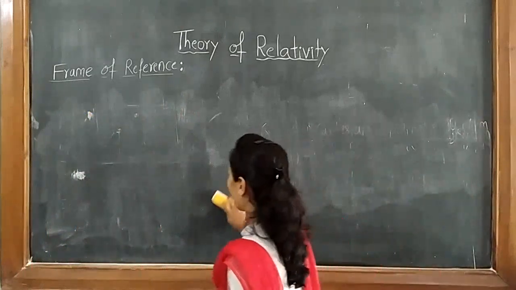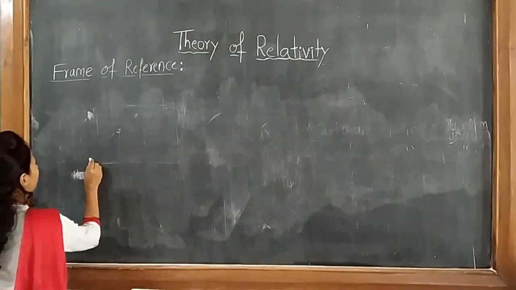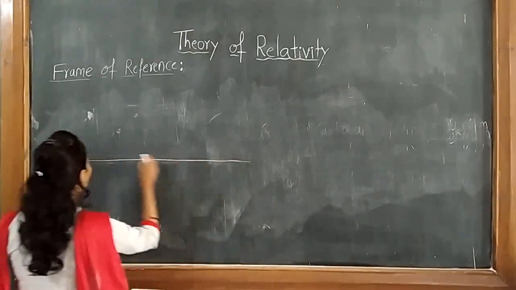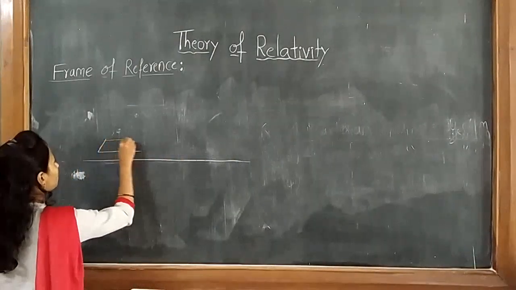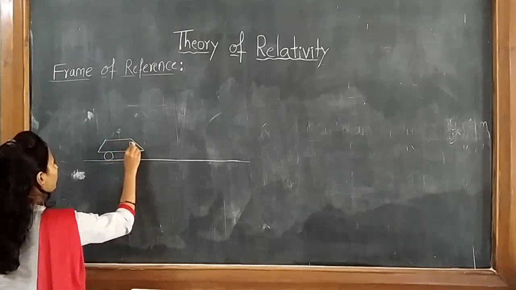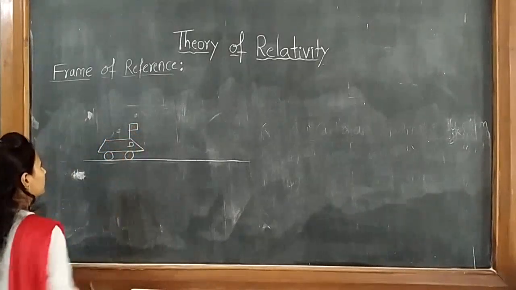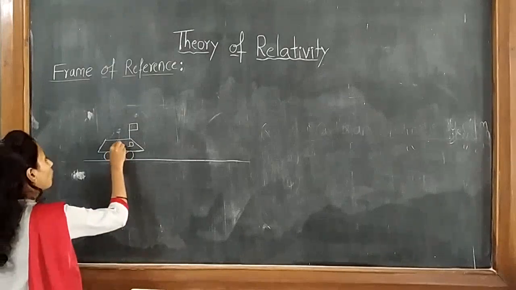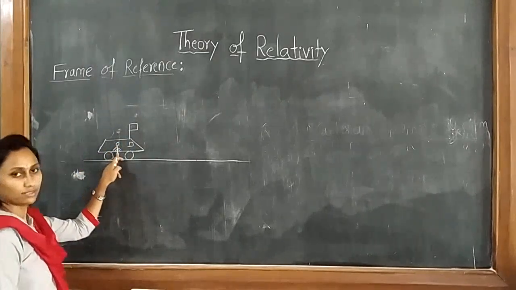Another example I will take to explain about frame of reference. Suppose this is the road. On the road, one car is moving, and it contains one flag. And one person is sitting in this car, so he is the first person.